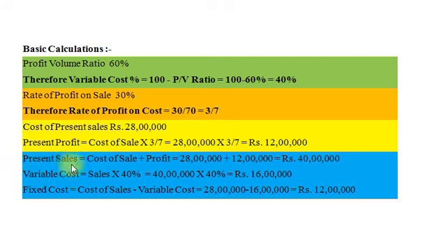Now present sale is equal to cost of sale plus profit, that is 28 lakhs plus 12 lakh is equal to rupees 40 lakhs, and present variable cost is equal to sales multiplied by 40%, that is 40 lakhs multiply 40% is equal to rupees 16 lakhs, and fixed cost is equal to cost of sales minus variable cost, that is 28 lakhs minus 16 lakh is equal to rupees 12 lakh. Now by using all this information we will solve all the given requirements.